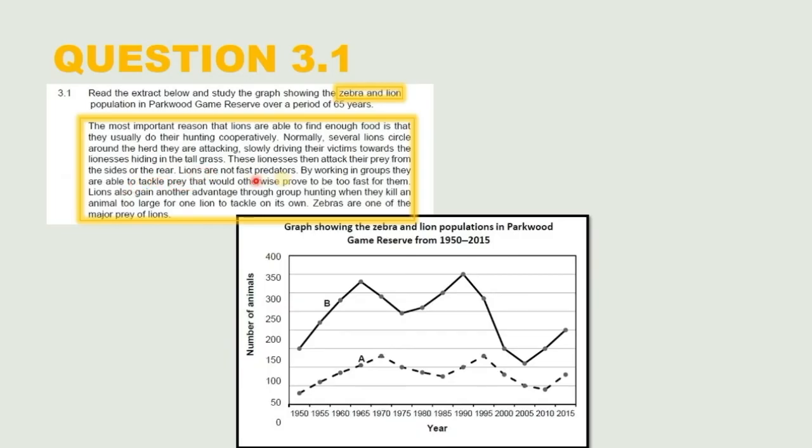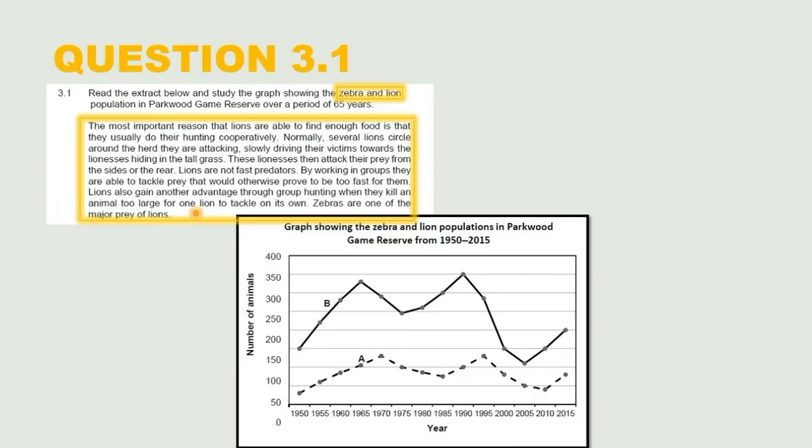Lions are not fast predators. By working in a group, they are able to tackle prey that would otherwise prove to be too fast for them. Lions also gain another advantage through group hunting when they kill animals too large for them to tackle on their own.